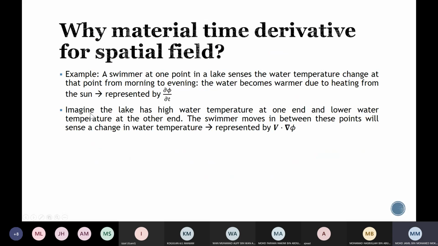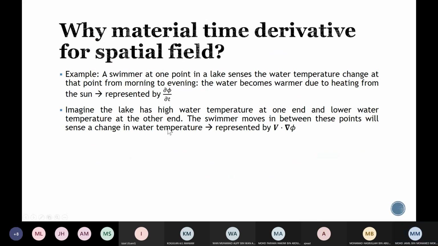So imagine the lake has high water temperature at one end and lower water temperature at the other end, macam tadi. And then you swim between these 2 points, okay? Or berenang dari kawasan yang high temperature to lower temperature. So you can sense there's a change in water temperature.